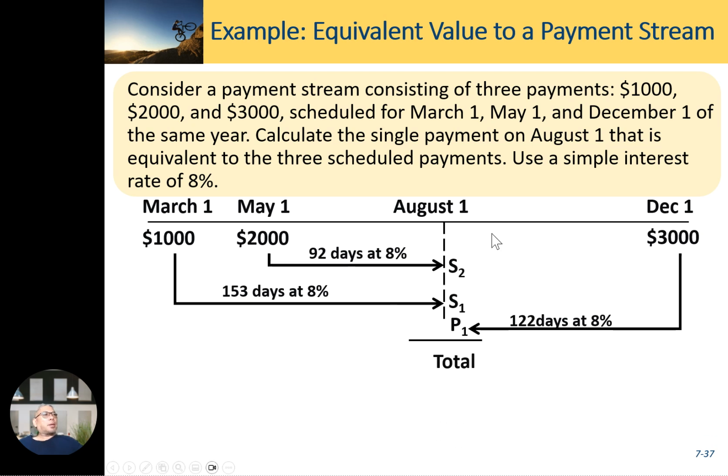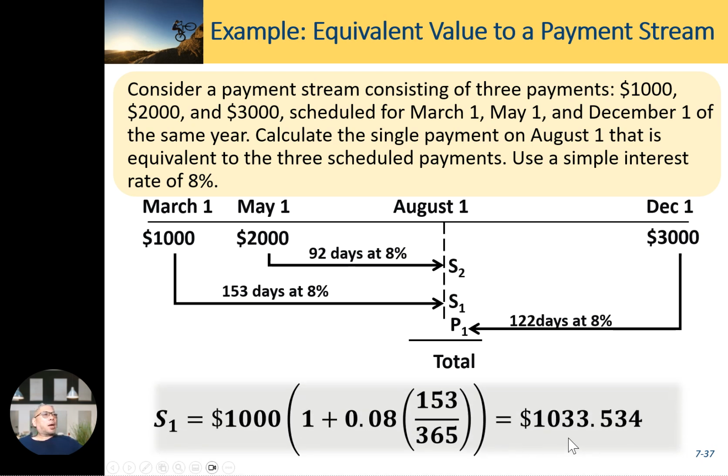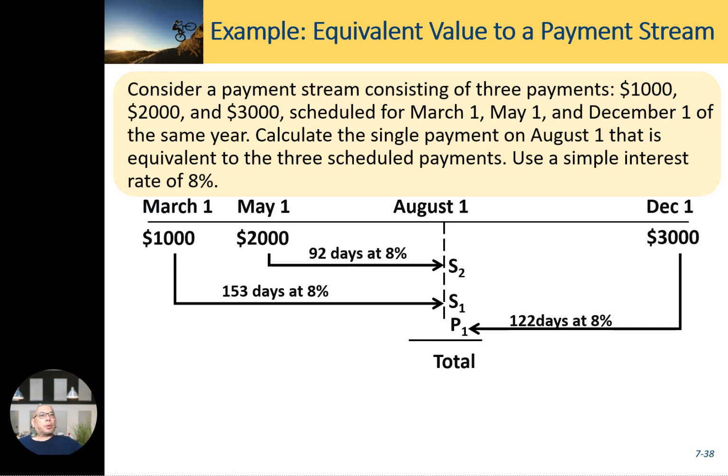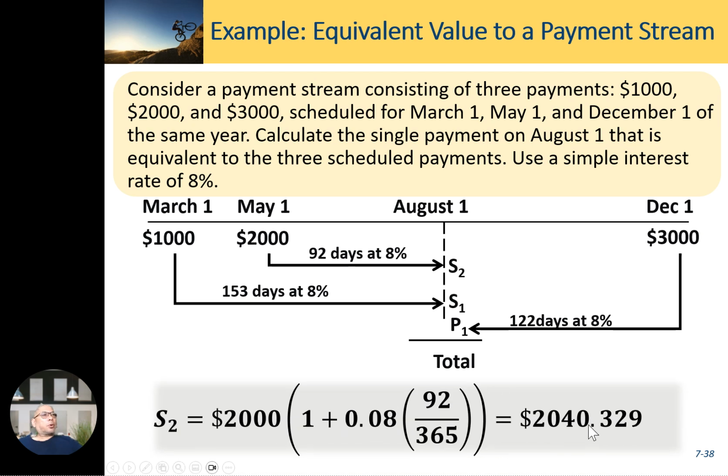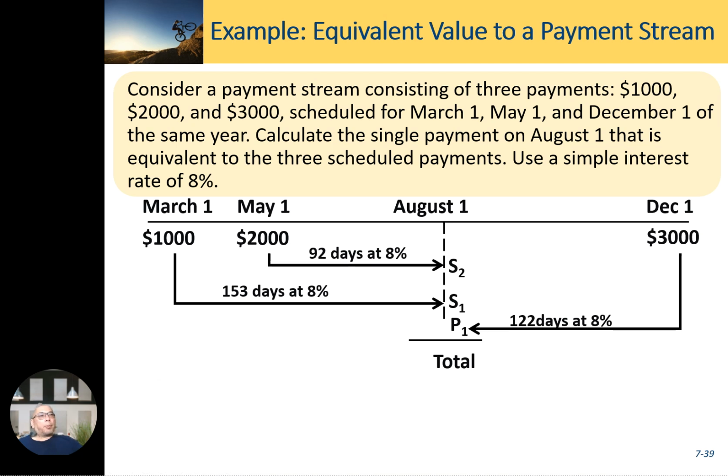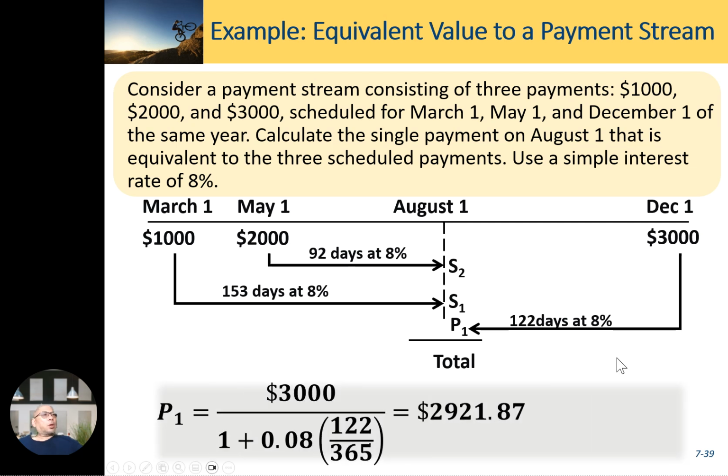So that is basically the total of S1, S2 plus P1. When you plug in the numbers, for S1 you get 1033.534. For S2, you get 2040.329. For P1, you get 2921.87.